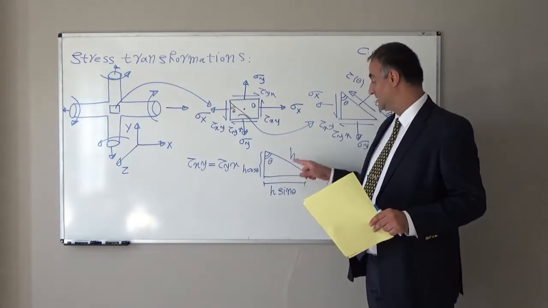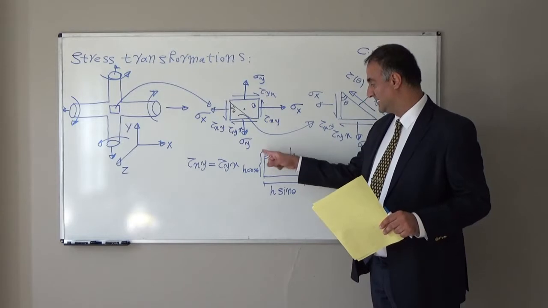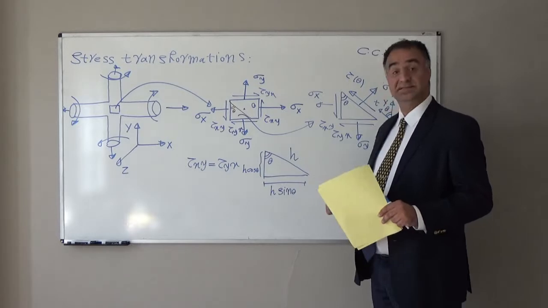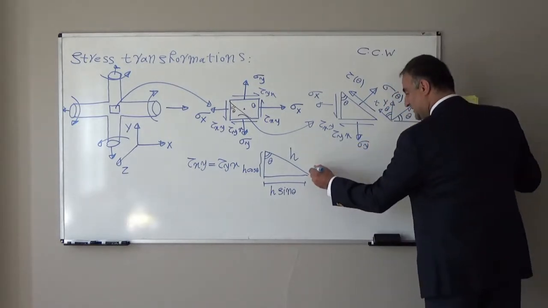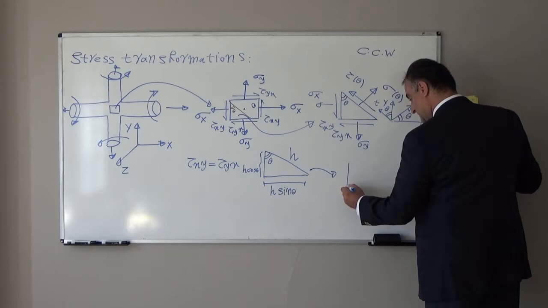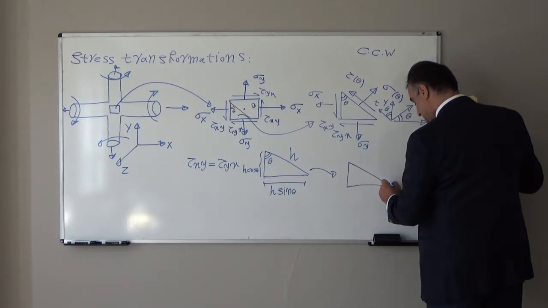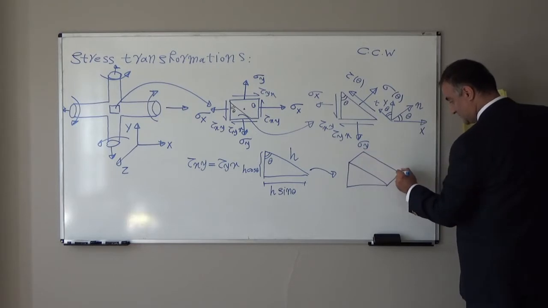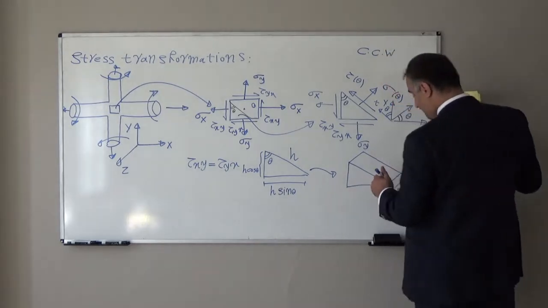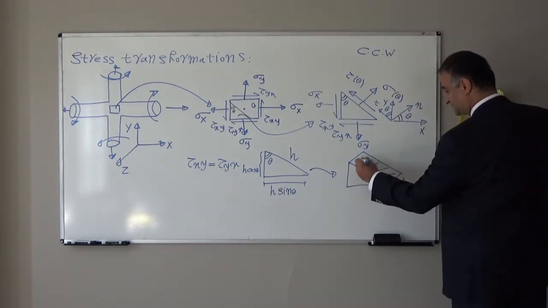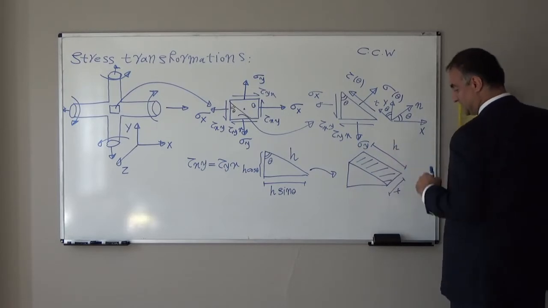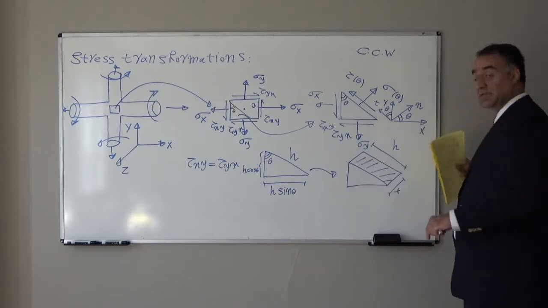This side, I assume it is h. If this angle is theta, this length will be h cosine theta, this length will be h sine theta. And in 3 dimensions, finally, this element has thickness. If I show the thickness of the element with T, so the area, for example, this face area will be length h times T. And we have other areas we can find.